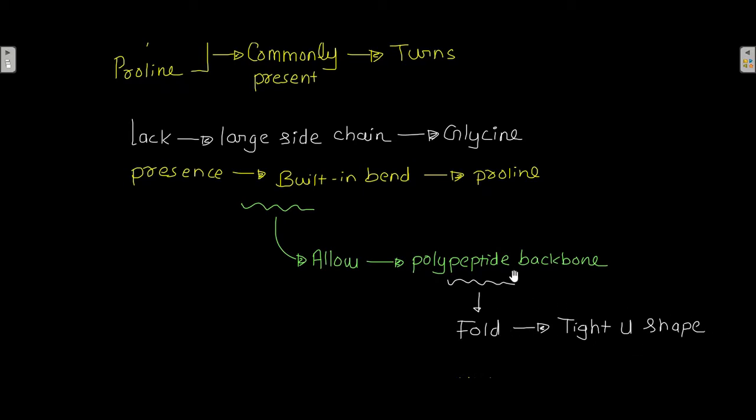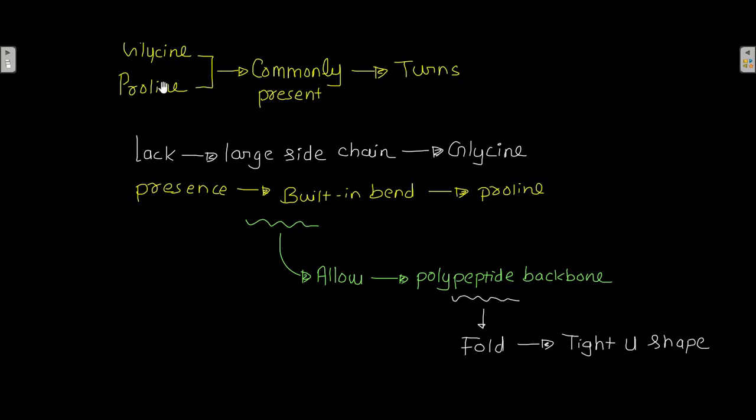Okay, so there is a reason why glycine and proline are commonly present in the turn: glycine doesn't have a large side chain and there is a built-in bend in proline, and these two things make it possible for a polypeptide chain to fold into a tight U shape. That is the reason why glycine and proline are so common in the turn.